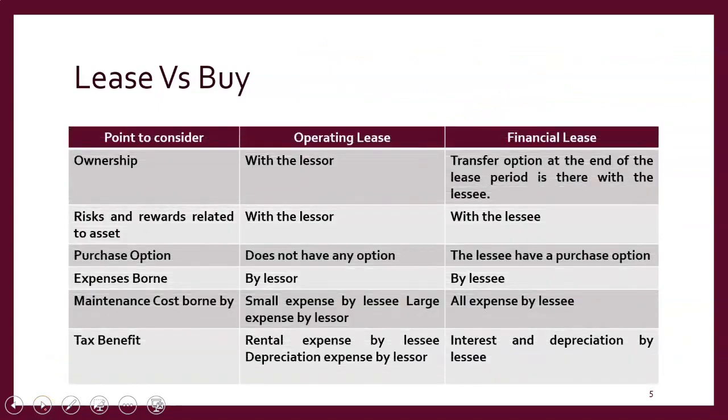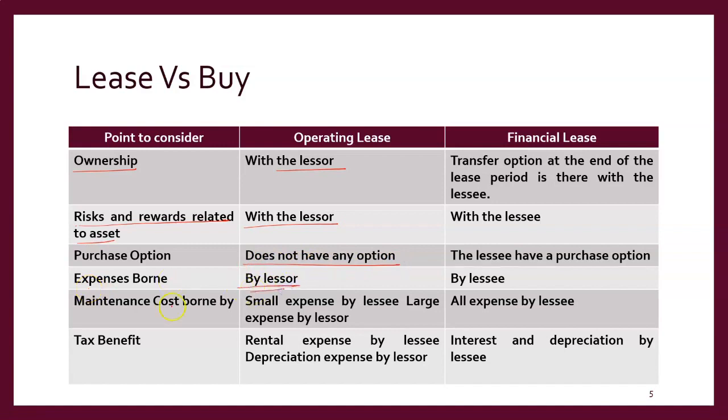Now we'll consider the differences between an operating lease and a finance lease. The ownership lies with the lessor. The risks and rewards related to the asset are with the lessor. There's no question of a purchase option in an operating lease. The expenses have to be borne by the lessor.